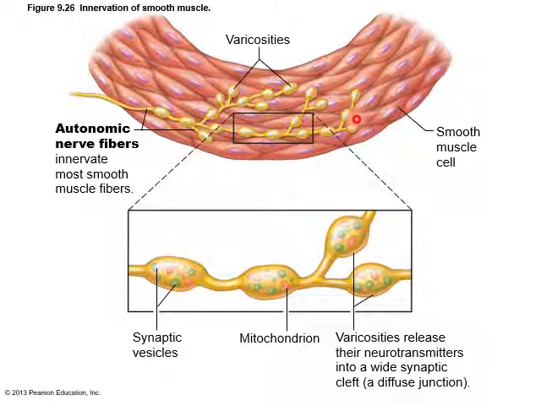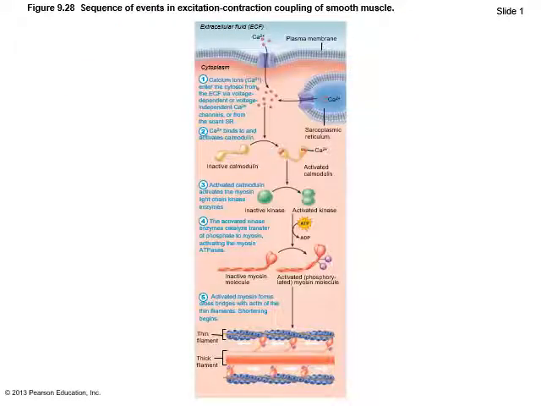Okay, so you have a wide area that this is spread over. And the neurotransmitter is spread from cell to cell because muscle cells, smooth muscle cells, are connected by gap junctions. So those gap junctions enable the cells to work together as a group. So what happens is that you get the calcium coming in from the cytosol, and the difference with smooth muscle is that it has no troponin.